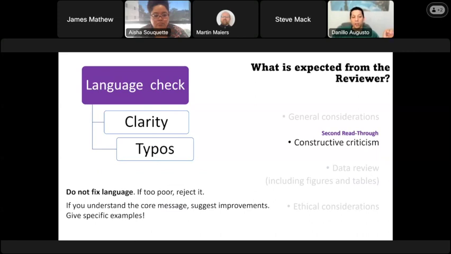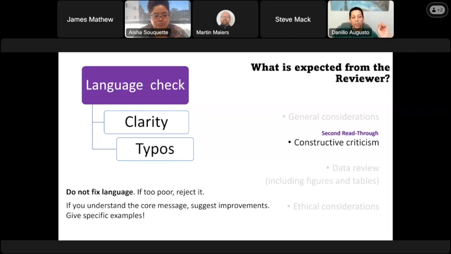If you really don't understand, if the language is really poor, you can just suggest to reject it. But if you notice that there are some issues with language, but you can understand the science, you can understand the core message, then you can suggest improvements, or you can suggest a major review for language.